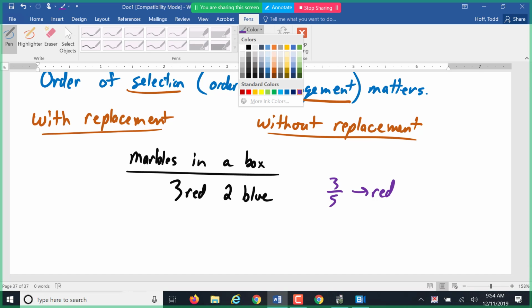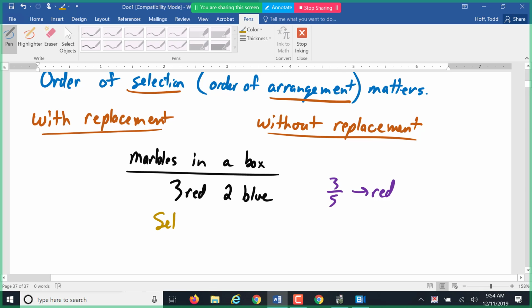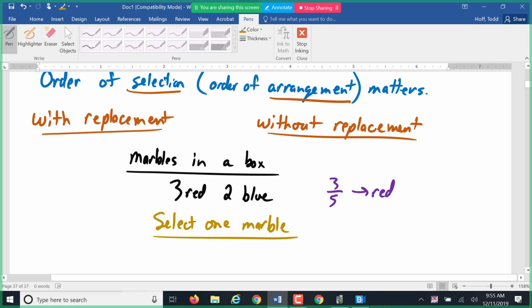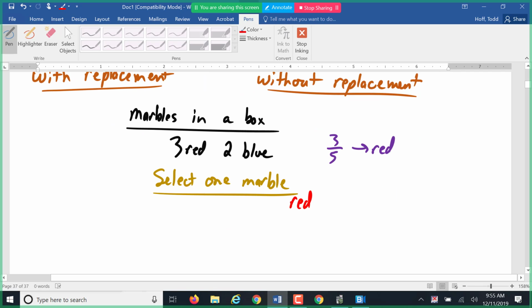If we take a marble out, if we select a marble for something, well, if that marble is red, if we don't put it back, if we set it off to the side, now there's only 2 out of 4 marbles in the box that are red. That's a drastic change.